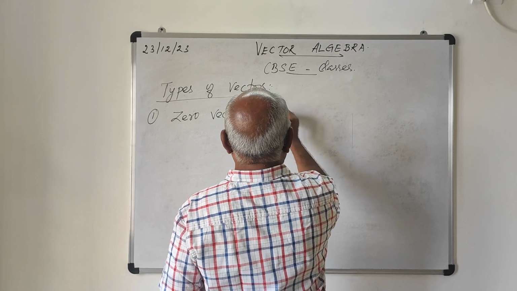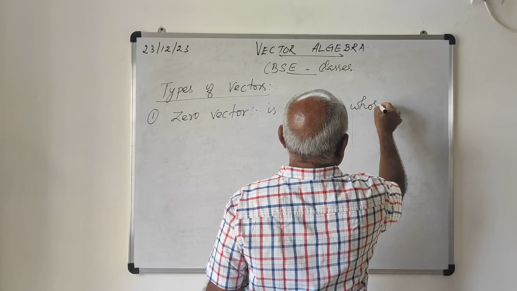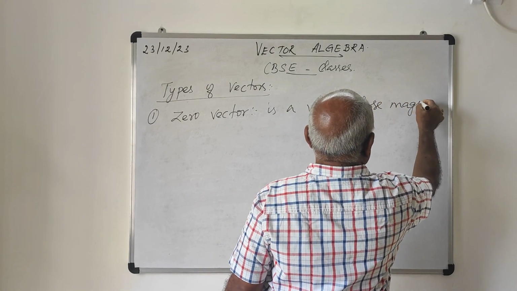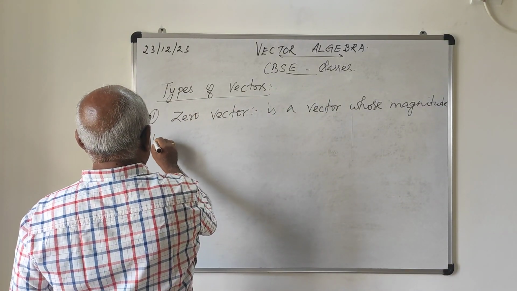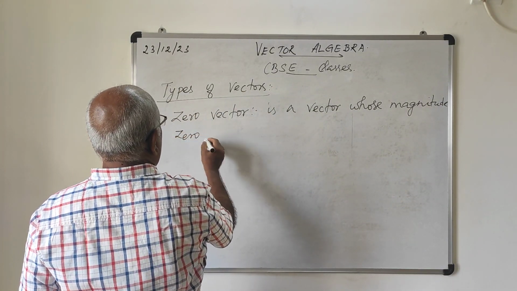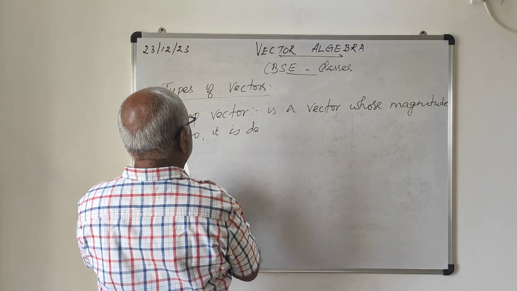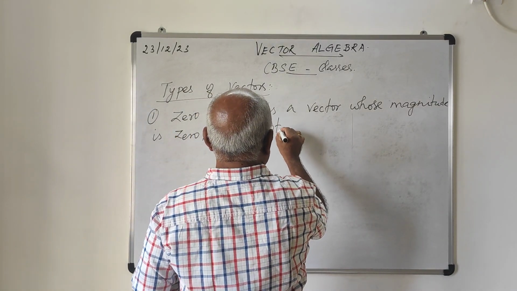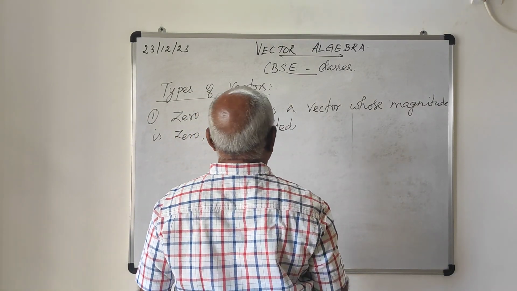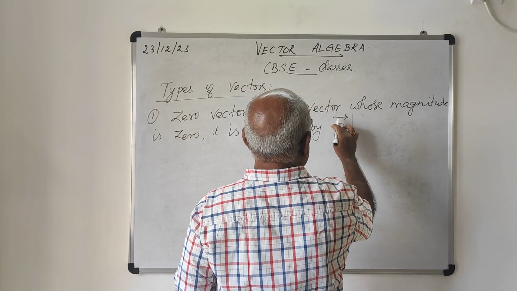Zero vector is a vector whose magnitude is zero. It is denoted by zero vector, like that.